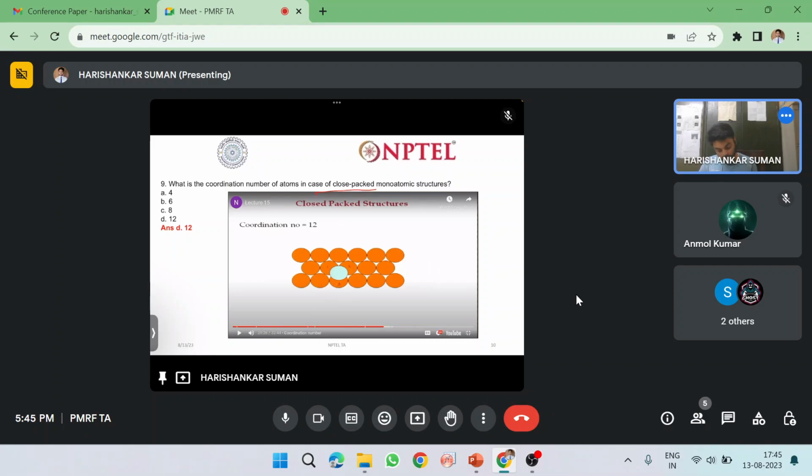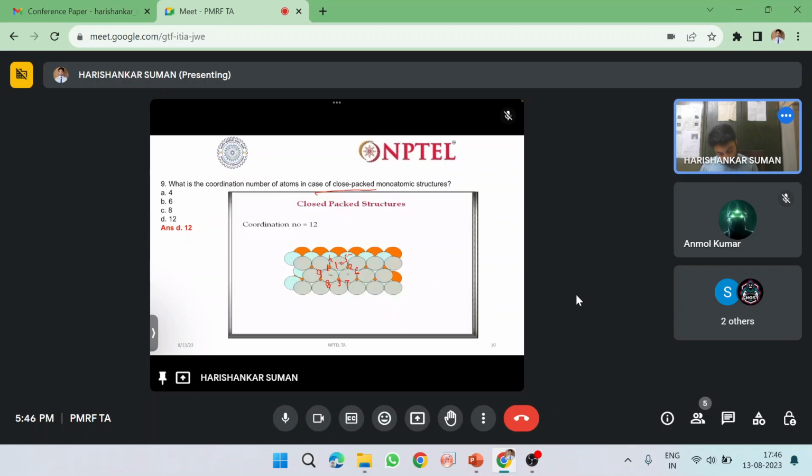The first layer is here, and put one atom above on the voids. This is 1, 2, 3 in touch of this void, and put another layer. Then 4, 5, 6, 7, 8, 9, and another is 10, 11, 12. So 12 atoms.